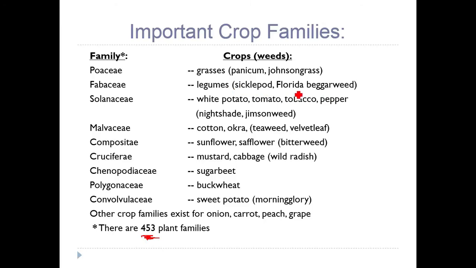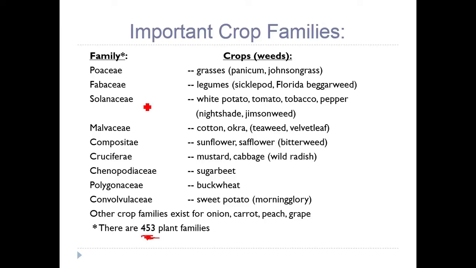So there's a lot of weedy legumes as well. These two families, the grasses and the legumes, provide the majority of the calories needed on this planet. When you've got your grasses and your beans, you've covered a lot of territory there.